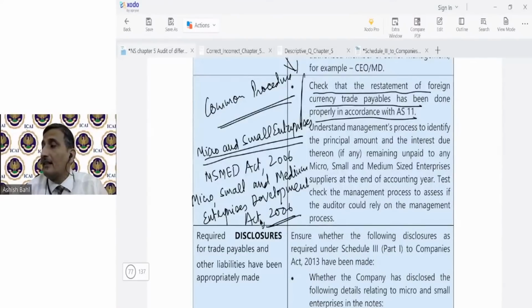So this is the background of the disclosure relating to trade payables, but relating to trade payables on account of micro and small enterprises.